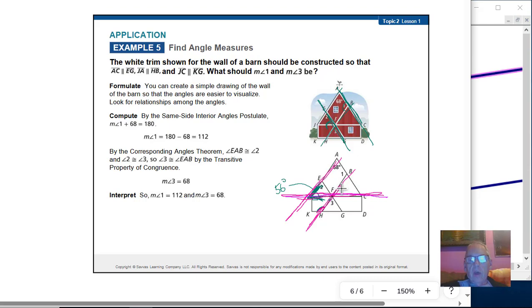By corresponding angles, this angle here is also going to be 56 degrees. These are both above the transversal line to the right of the parallel lines that are crossed. By vertical angles, this angle here is also going to be 56 degrees.